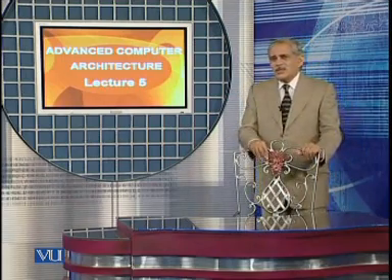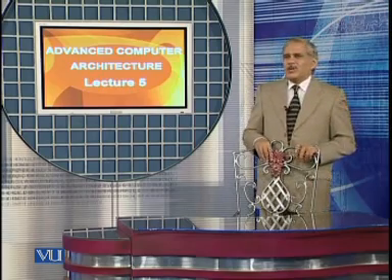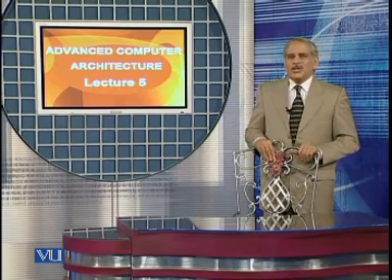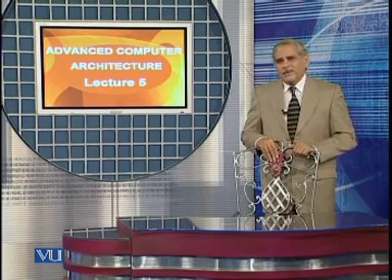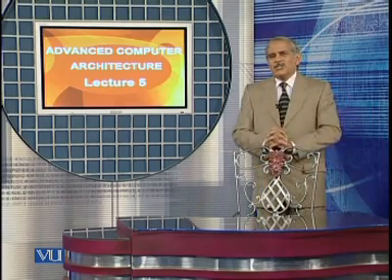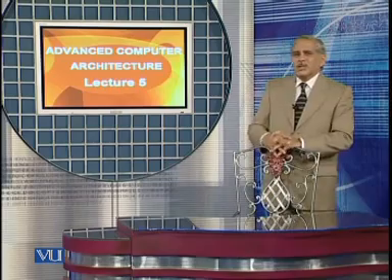Now let us consider the second type of instruction word, which is known as the immediate type of instruction word format. The immediate type of instruction word is one which is divided into 4 fields.